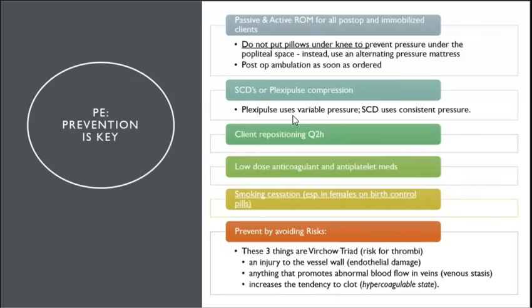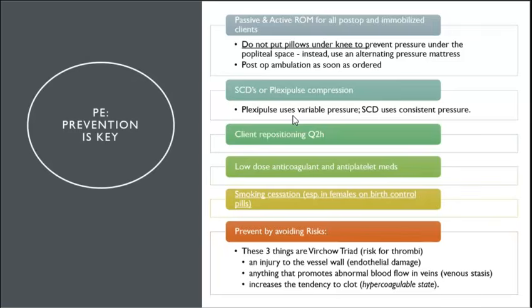Make sure your patient is getting up out of bed as soon as possible if they are a candidate. SCDs, those are very important. They help with pressure. So PlexiPulse uses variable pressures where your SCDs use consistent pressures. We don't want things just sitting around. We want that blood to be moving. Client repositioning every 2 hours.